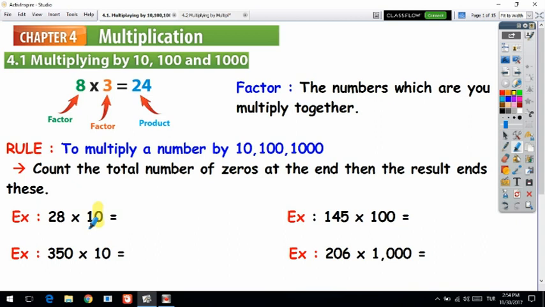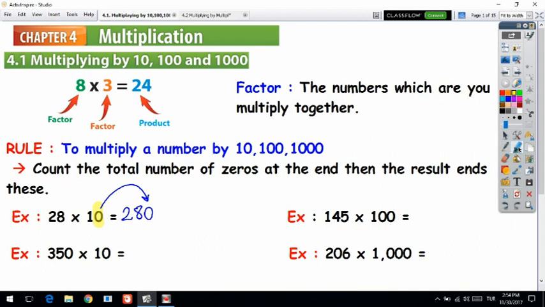What number is left? 1. 1 times 28 is equal to 28, since any number times 1 is itself. How many zeros did I close? 1. I bring 1 zero to the end. Your answer is 280.